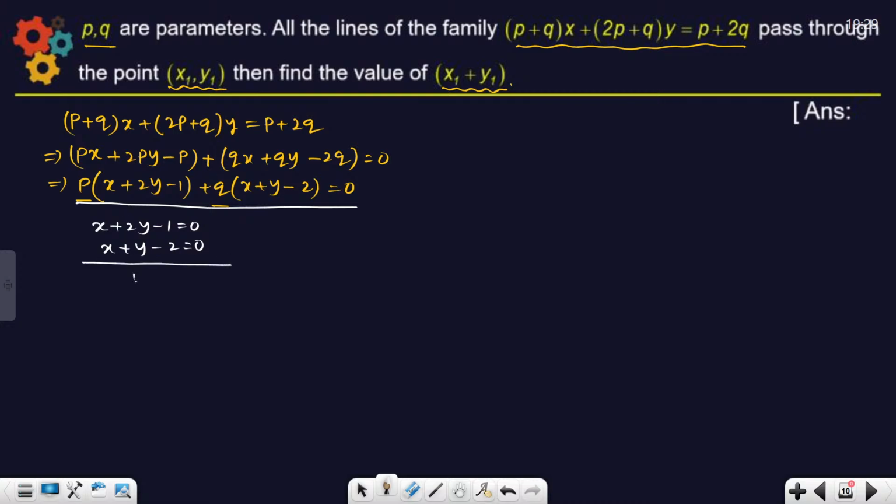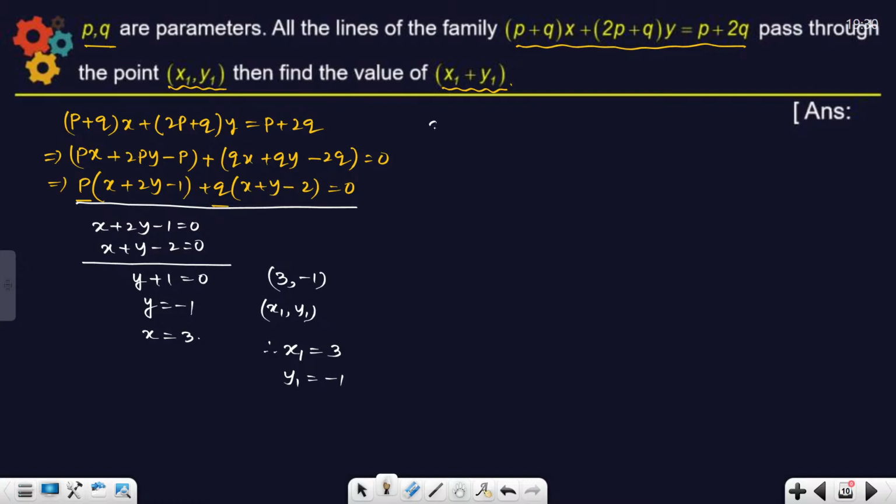If I solve it, y is minus 1, and if I put y is minus 1 over here, we get x is 3. So the point is 3 comma minus 1. In our question they have given that point as (x1, y1). Therefore, x1 is 3 and y1 is minus 1.